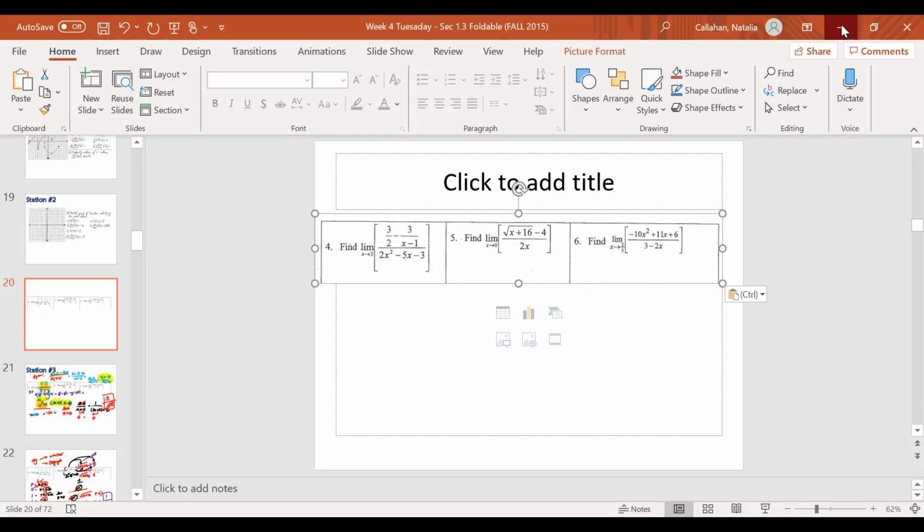When I do that, I end up with 3 times x minus 3 over 2 times x minus 1, divided by this right here. But I'm going to change it to a multiplication, so it's going to be 1 over 2x plus 1 times x minus 3. And lucky for you, that cancels.